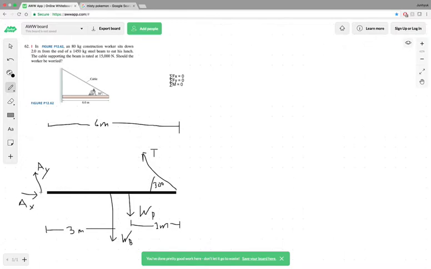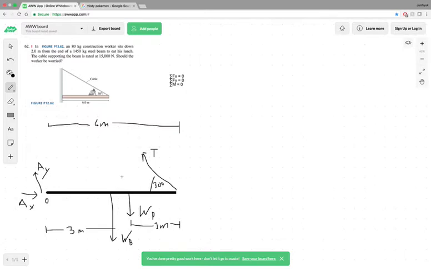But if we pick it about this point over here, and let's call this O, because I do want to pick that as our pivot point, then we know that A sub y and A sub x are canceled out, and the only forces we have to really worry about are W B, W sub P, and the tension force. So these are our three forces.